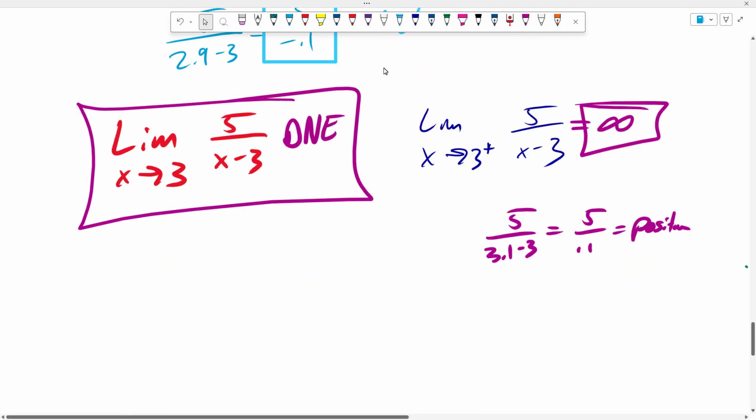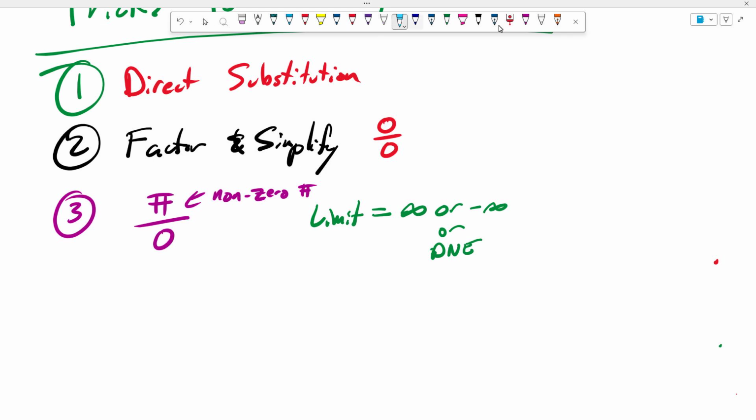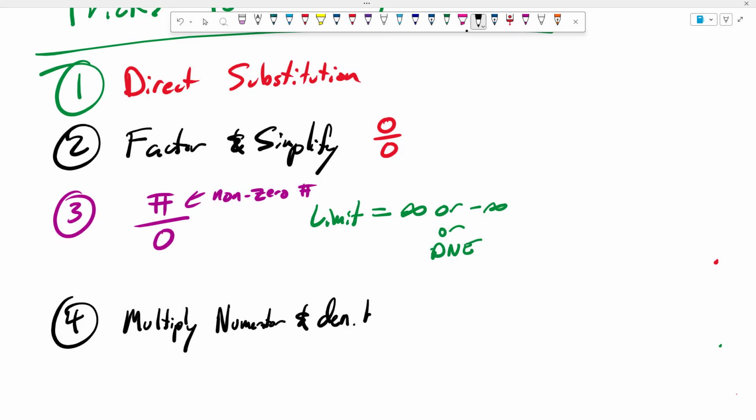So let's call it trick number 4. We're going to multiply the numerator and denominator by the conjugate of either the numerator or the denominator.